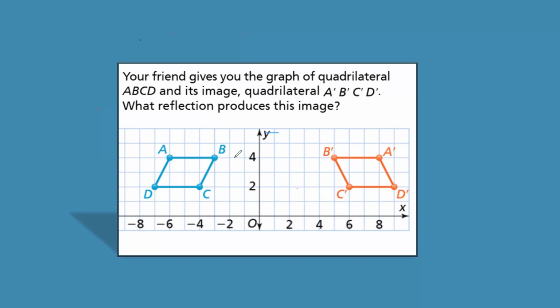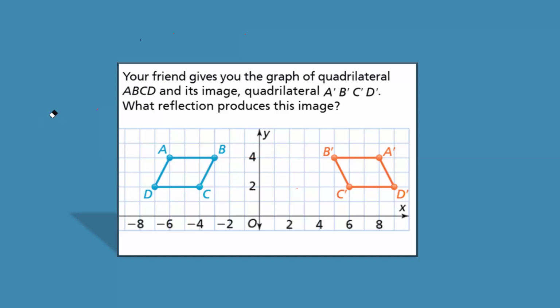Yes, they are, because this shape ends with point B and the other image starts with B. We know that. Are they reflected across the y-axis? Let's check that. Here 1, 2, 3 units, and from my line of reflection 1, 2, 3, 4, 5. So no, not across the y-axis.